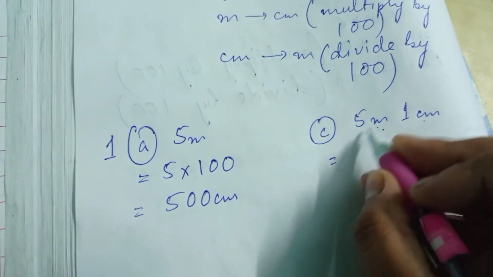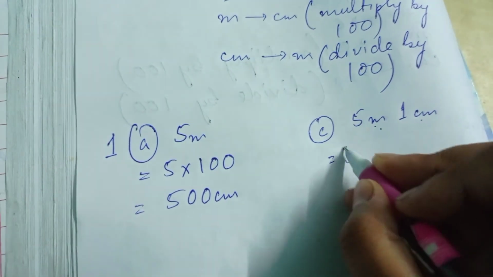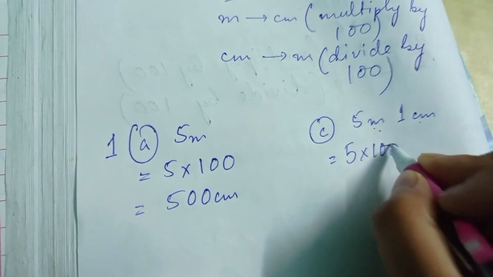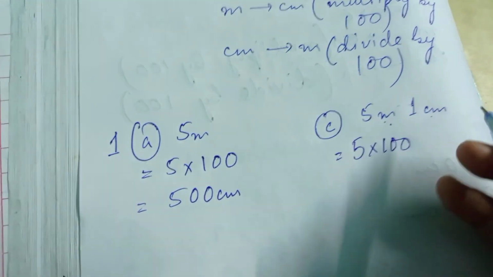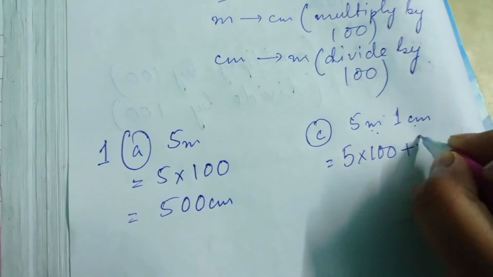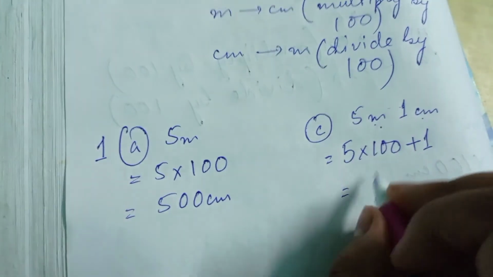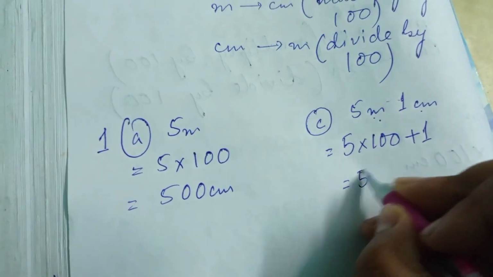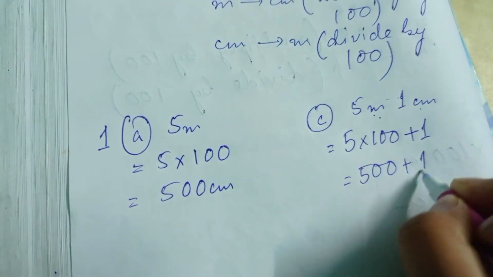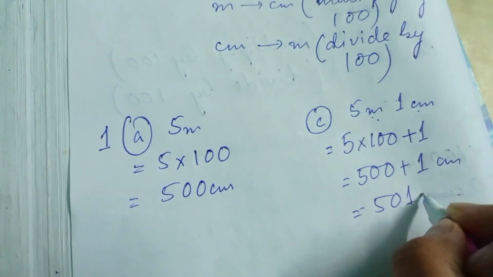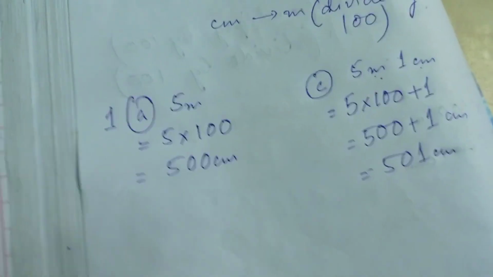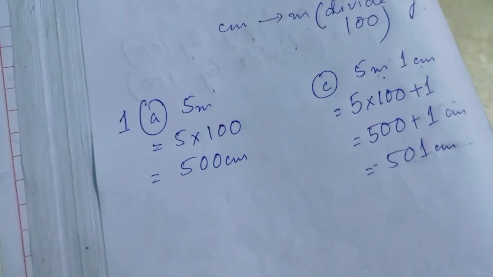So 5 meter 1 centimeter is 5 into 100, or otherwise you can put 500 plus 1, it will be 501. Like that also you can do. This is the whole process: 500 plus 1 centimeter, so it is equal to 501 centimeter. This is the way you need to convert meter to centimeter.